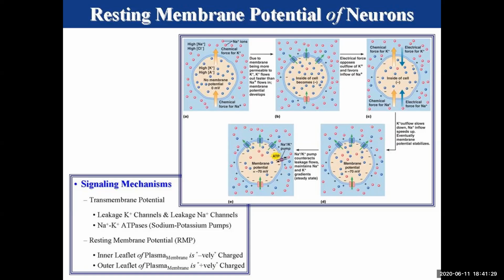Okay? Now, how is it possible for the cell membrane to generate this potential energy that we call membrane potential? How is it possible for the membrane to separate opposite charges from one another? Okay, so let's begin.